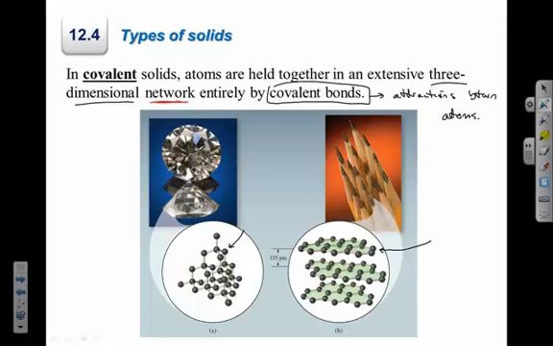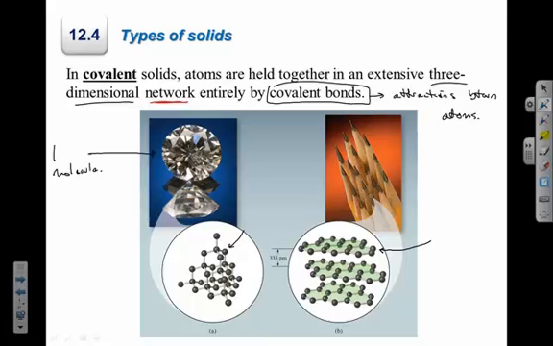So what makes this a covalent solid is that covalent bonds are holding all the atoms together. If you think about a diamond, one individual diamond is one molecule, because all the atoms are sharing electrons. So what would it take to break that up?